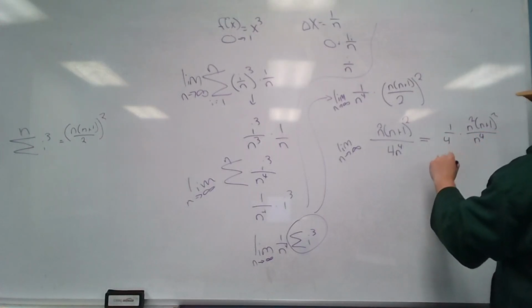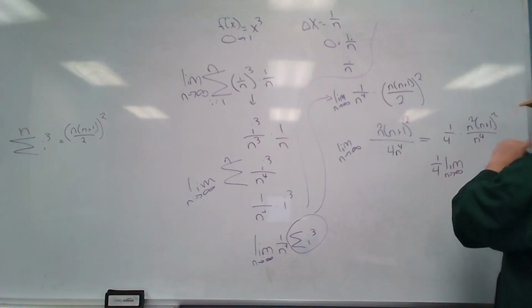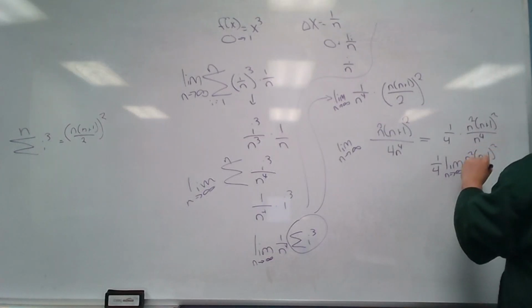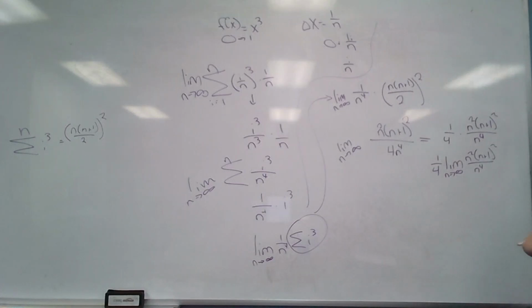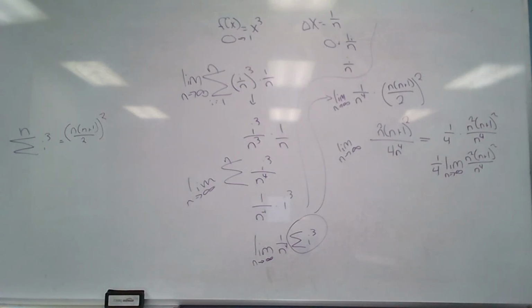And then I can get 1/4 times the limit as n goes to infinity of n squared, n plus 1 squared, over n to the fourth. So this is going to go to infinity, but what I have on the outside is that, and I can then apply L'Hopital's rule until I get to something.